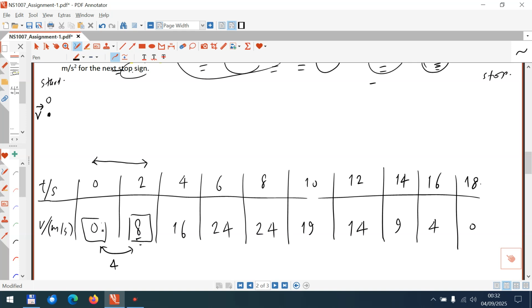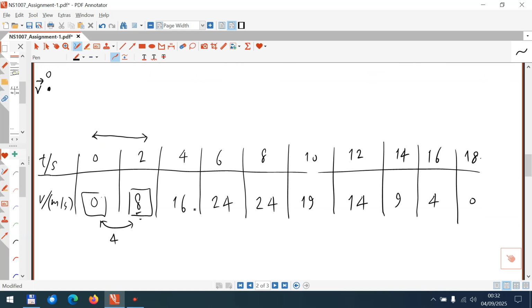The average is 4. 0 plus 8 divided by 2. Similarly, the average in this interval from 2 to 4 is the average of 16 and 8, and you can easily compute this to be 16 plus 8 is 24. 24 divided by 2 is 12.